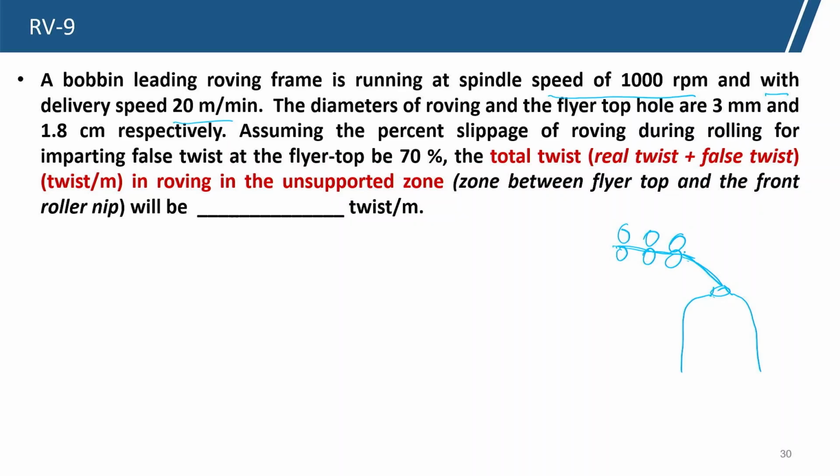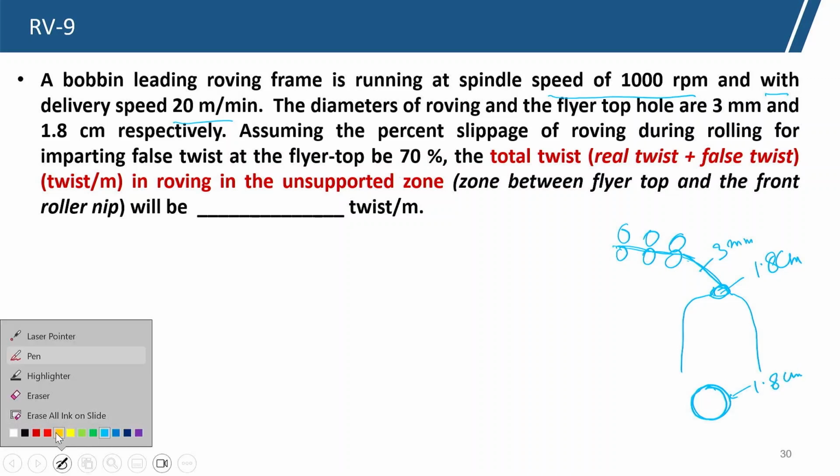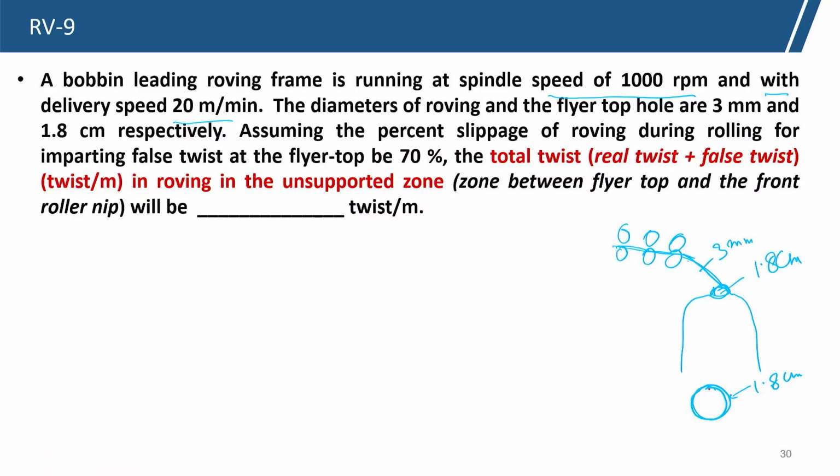Now, this roving diameter is assumed here, it is 3 millimeter and the flat top it is 1.8 centimeter. Now, if you see here from the top view, this is the flat top, here it is 1.8 centimeter and roving is shown in red color.